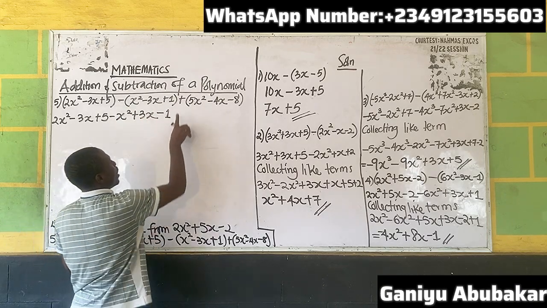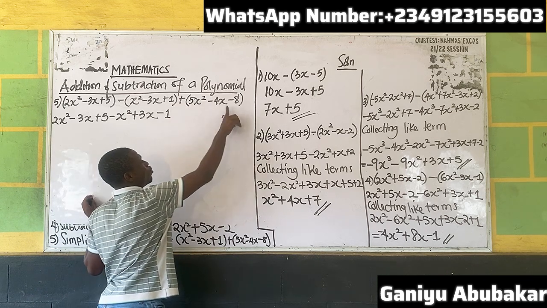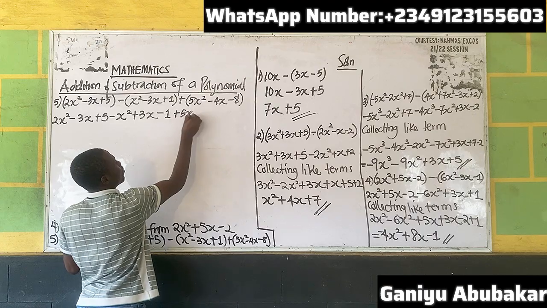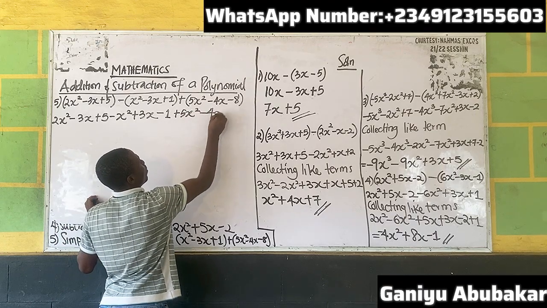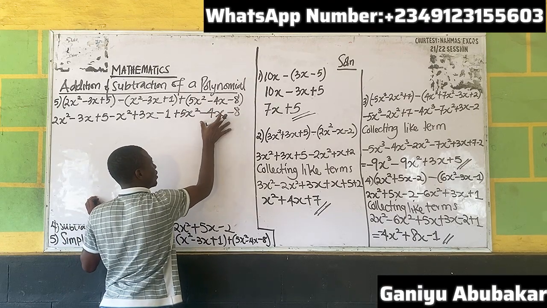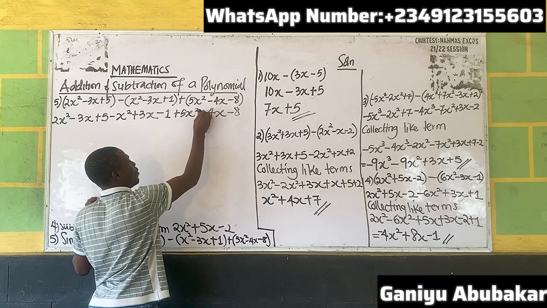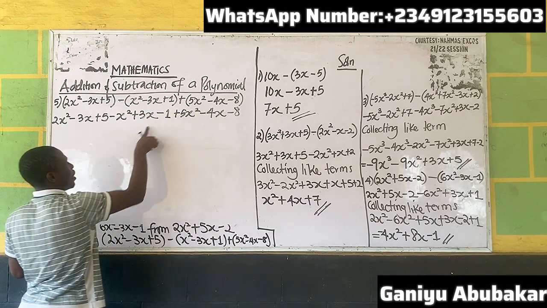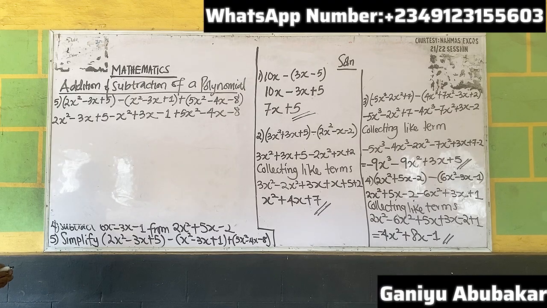If the bracket begins with a positive, don't stress, repeat everything back: plus 5x squared, minus 4x minus 8. When it's negative, you expand it, as in this case.